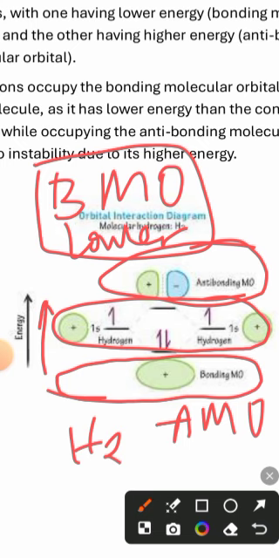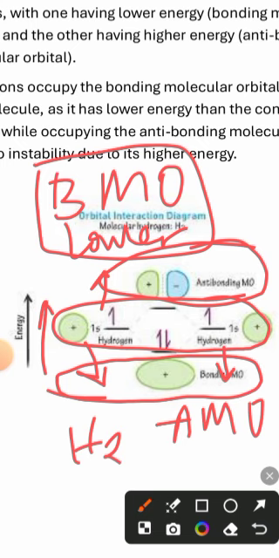So when atomic orbitals combine, electrons likely fall down to the orbital with lesser energy, because it's easy for electrons to move down to a lower energy level than to move higher up to higher energy levels.